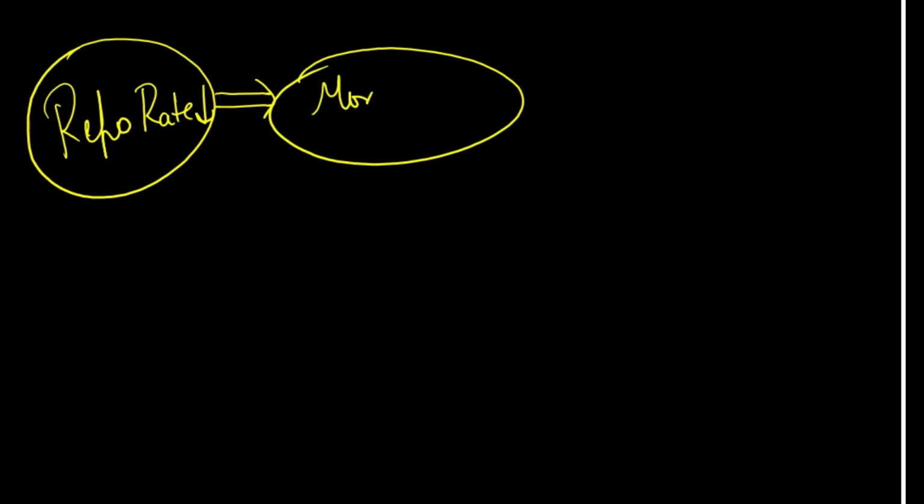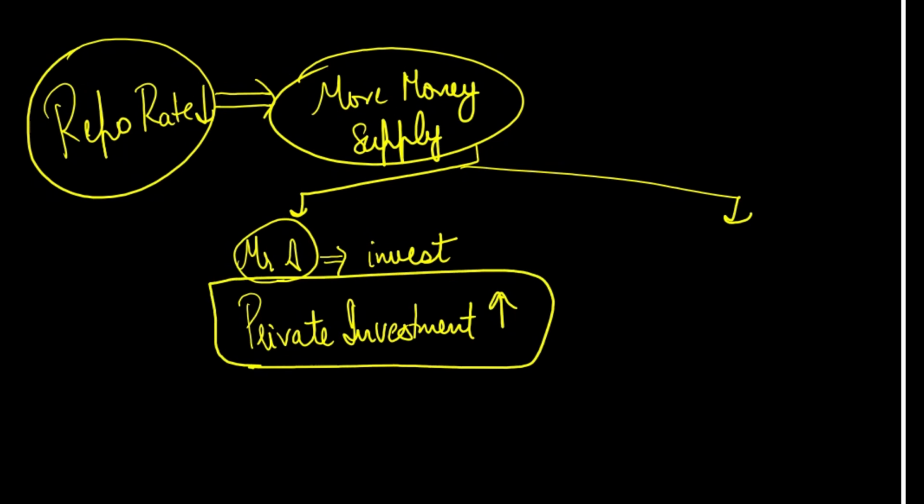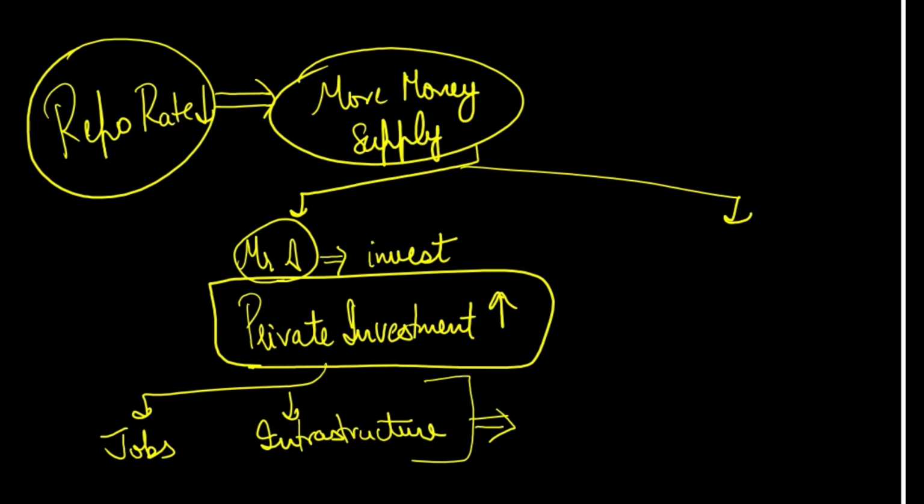So if repo rate is reduced, more money supply. Mr. A will invest. So private investment will increase through the creation of jobs, creating infrastructure. This will increase in GDP.